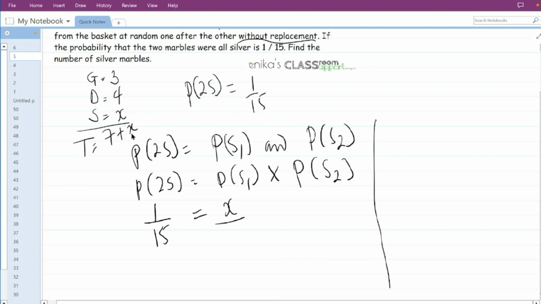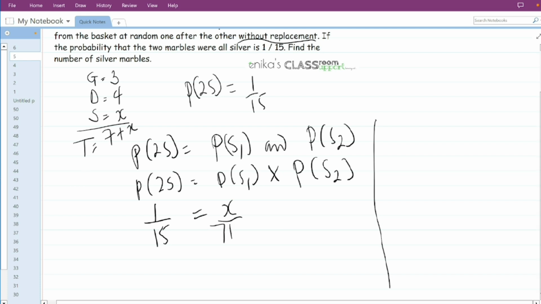We add the numbers, then we add the X to it. So the probability of the first silver is X over the total number of marbles, which is 7 plus X. We added the gold marbles plus the diamond marbles, that's 3 plus 4, which is 7. We can't directly add X to 7, so we leave it as 7 plus X.